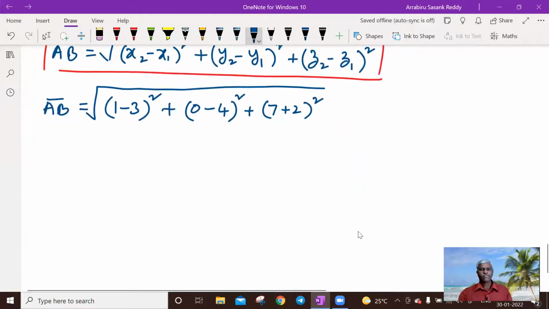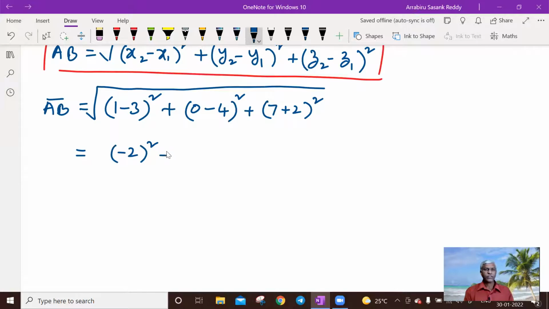So you can write 1 minus 3 is minus 2, 0 minus 4 is minus 4, 7 plus 2 is 9.